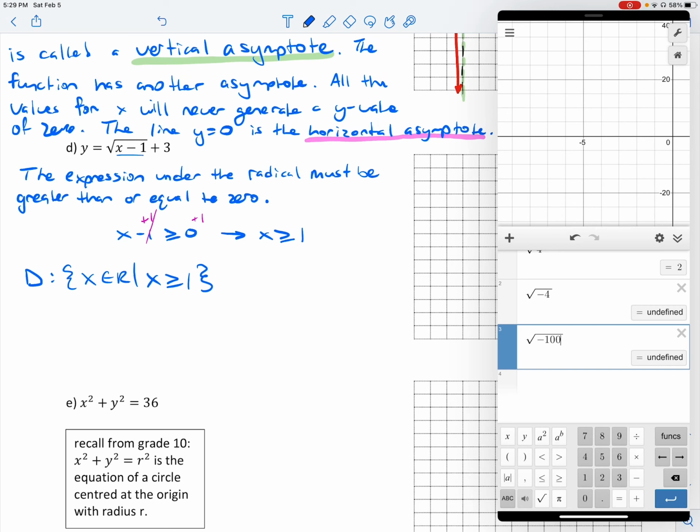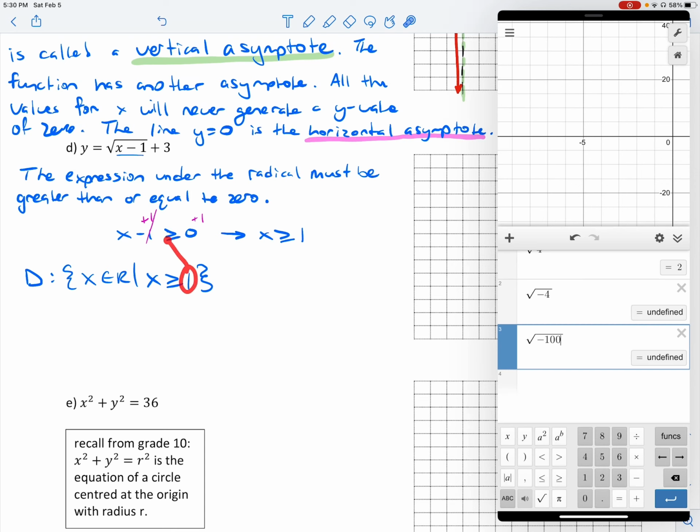All right, now let's think about the range for a bit. I'm trying to think about my y values for the range. If I follow this rule, if I put anything greater than or equal to 1 in here, then the result of this will always be greater than or equal to 0. What do I mean by that?